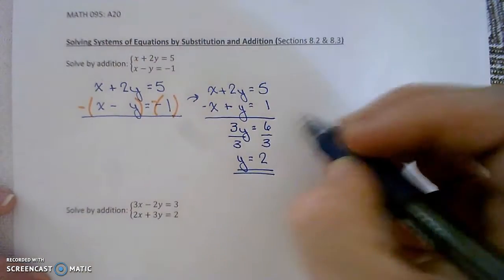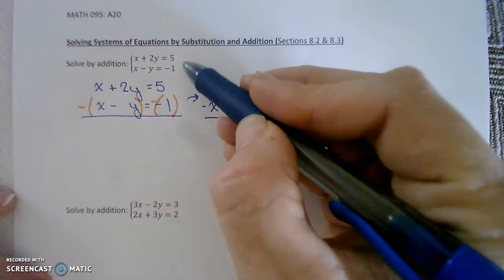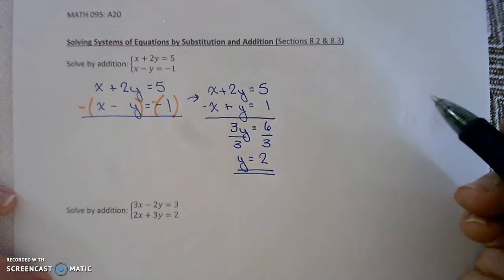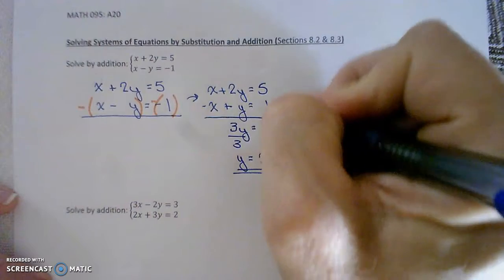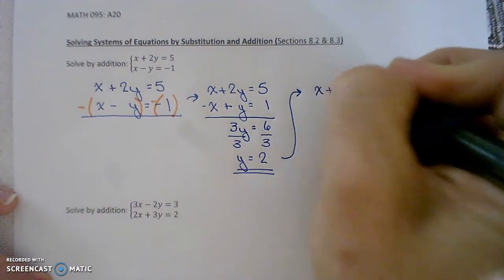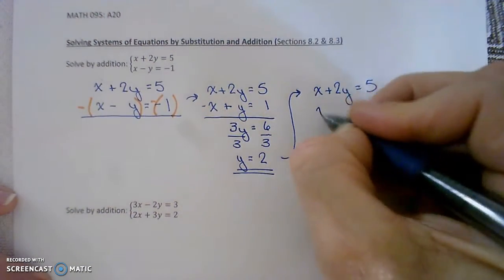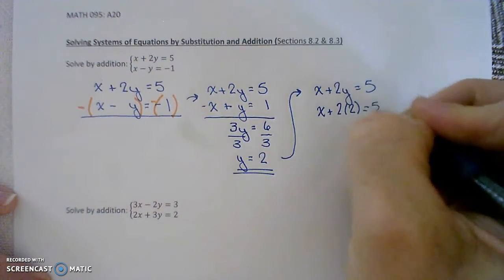And now what I can do is take that number and plug it back into either one of these two equations and solve for x. I don't think it matters which one. I'll just do the first one. The equation is x plus 2y equals 5, and I'm going to plug 2 in for y. So x plus 2 times 2 equals 5.